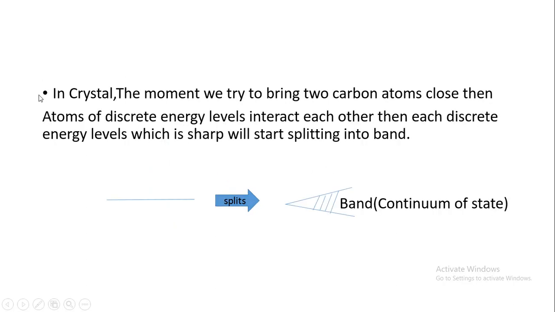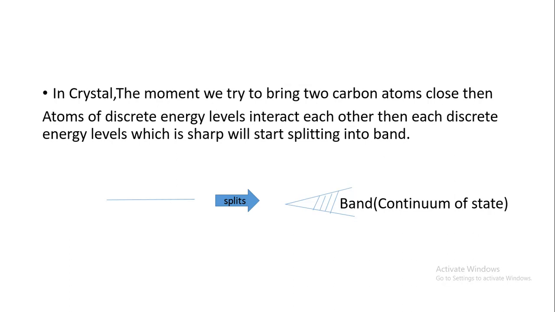So in a crystal, the moment we try to bring two carbon atoms close, like in any crystal, there will not be a single carbon atom. There will be n number of carbon atoms, not only one, because if you put one carbon atom and another carbon atom far apart, there will not be any interaction.